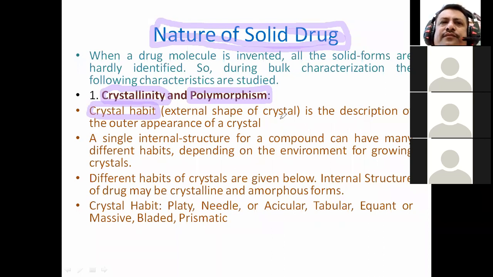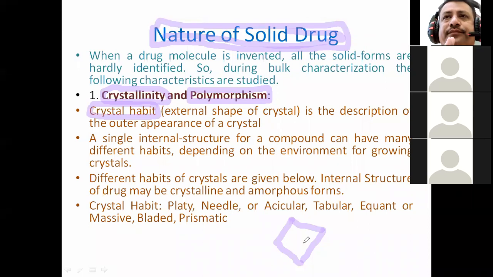Now suppose I look at a drug under a microscope, I can have various types of shapes depending on the internal arrangement of the molecules in the drug. I hope everyone agrees with this.